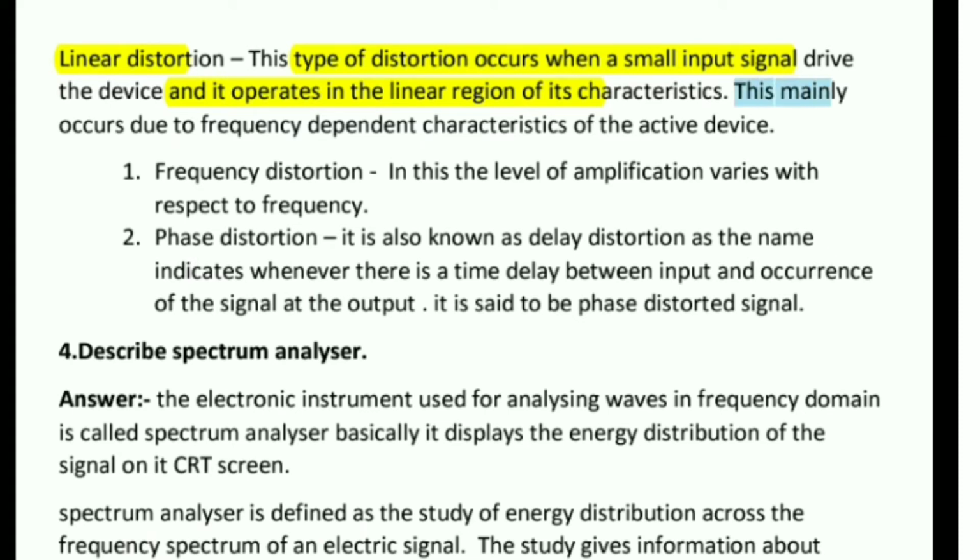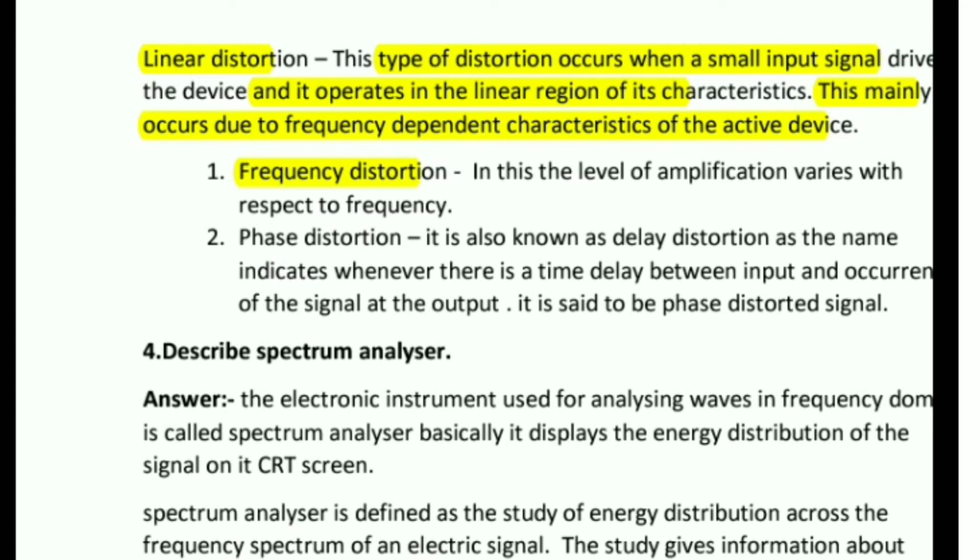Frequency distortion mainly occurs due to the frequency dependent characteristics of the active devices. So in frequency distortion, the level of amplification varies with respect to frequency.